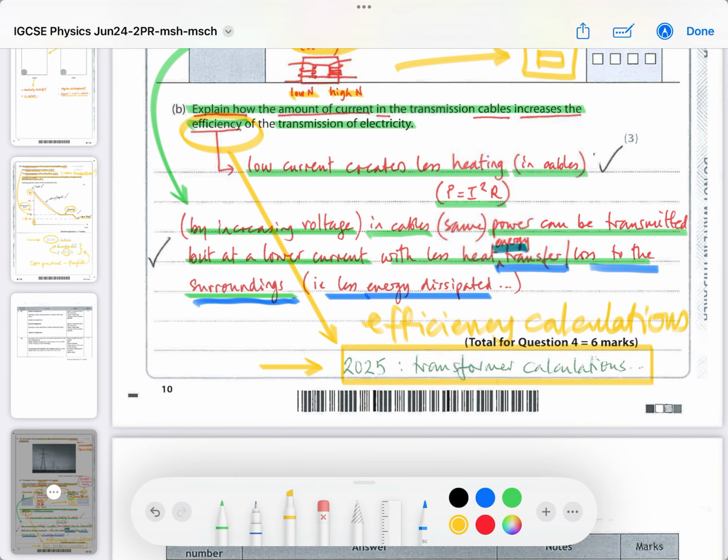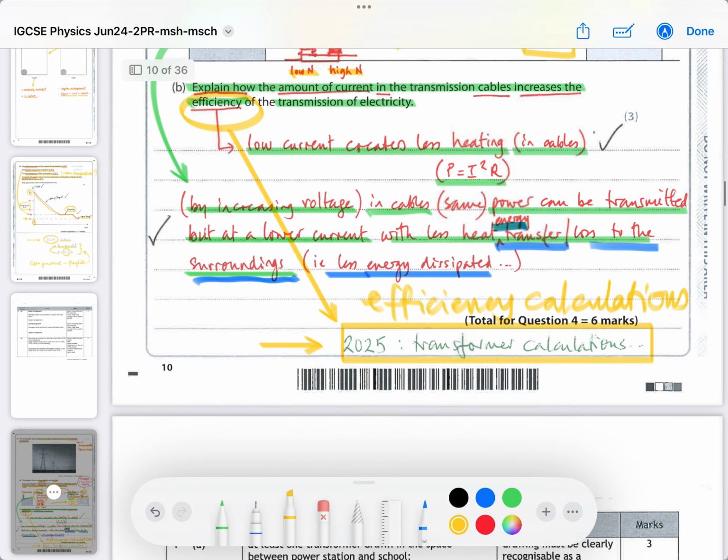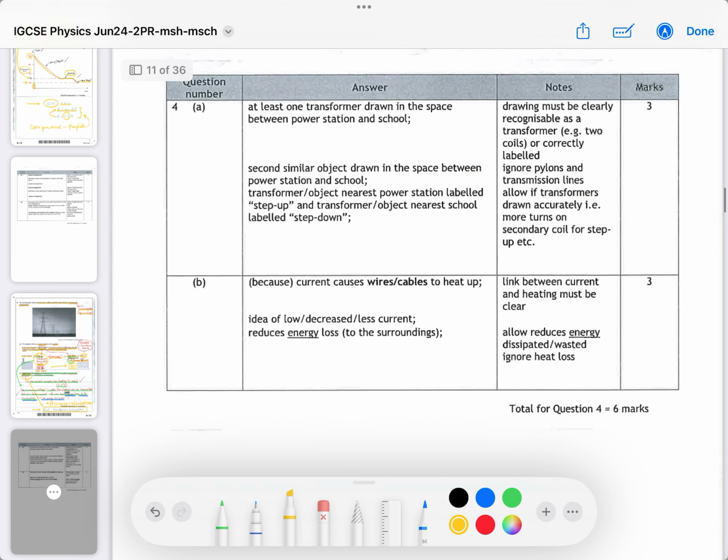So efficiency calculations, transformer turns ratios could be asked about. Okay, so if the voltage goes up, the current goes down by the same amount. So the power in should equal the power out because they're more or less 100% efficient. Okay, here's the mark scheme for question 4, 6 more marks done.